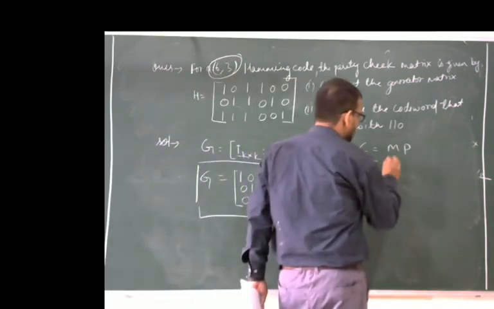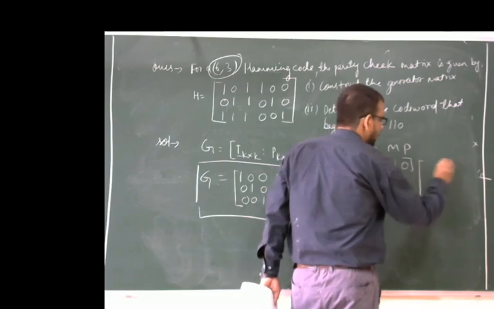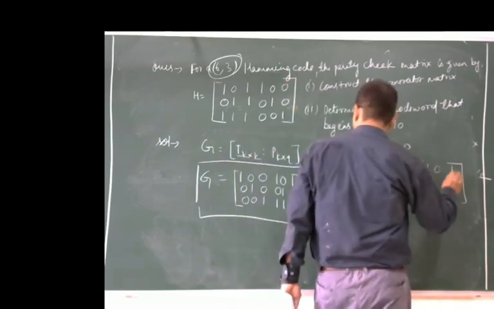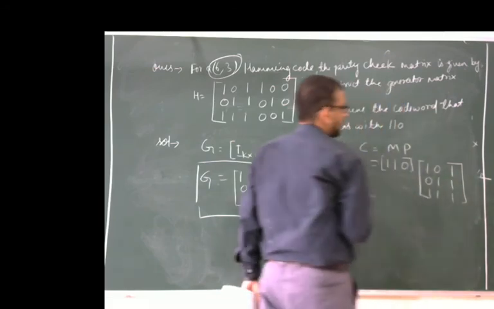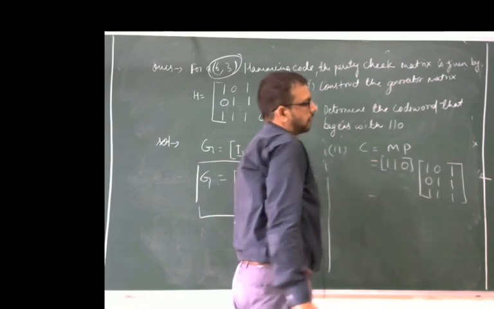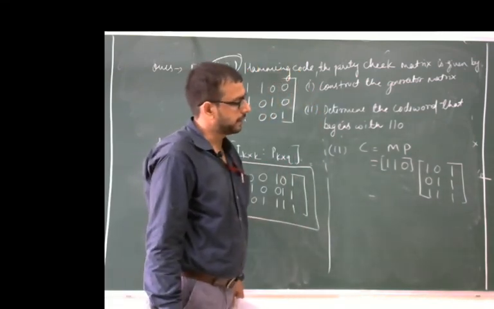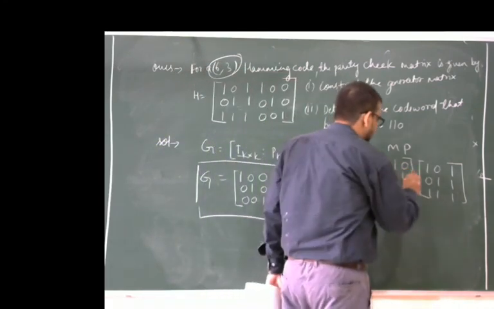Now M is 110 and P is already calculated, that is 101, 011 and 111. Before the multiplication of the matrices, we have to check that the columns of the first matrix equal the rows of the second matrix. Here the matrix is 1 cross 3 and here 3 cross 3, so we get a matrix of 1 cross 3.